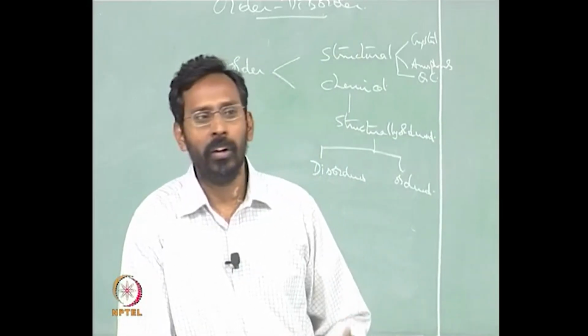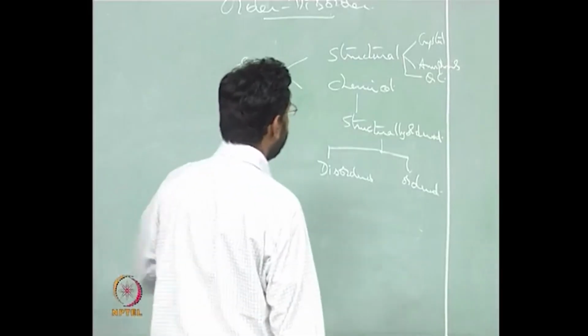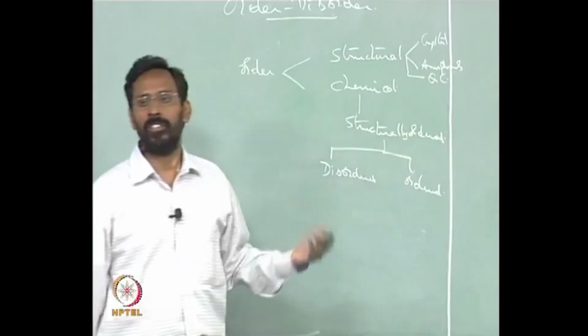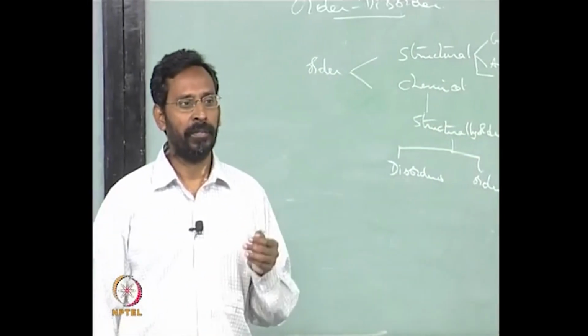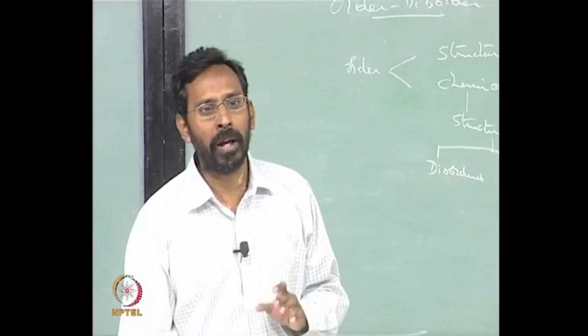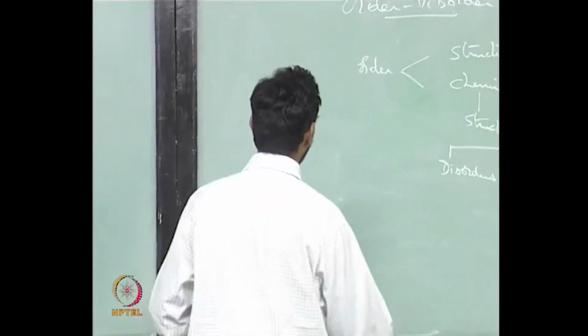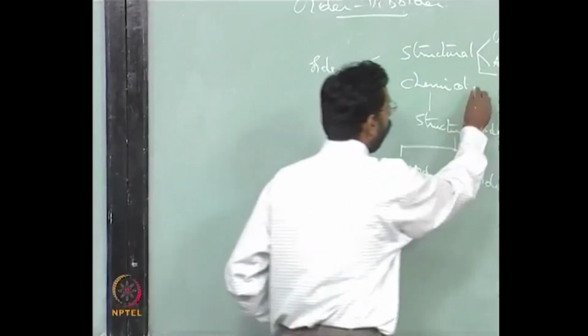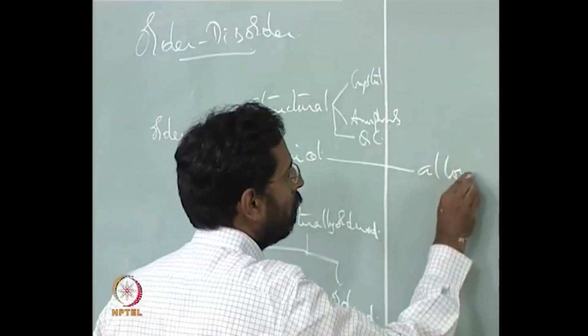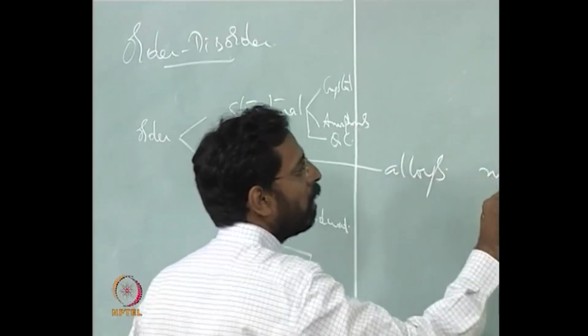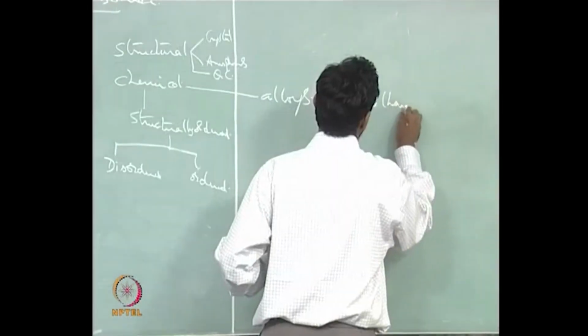We have only one element, which means it is simply structurally ordered, that is it. You do not talk about chemical order. Chemical order comes into picture only when we talk about alloys, more than one element.